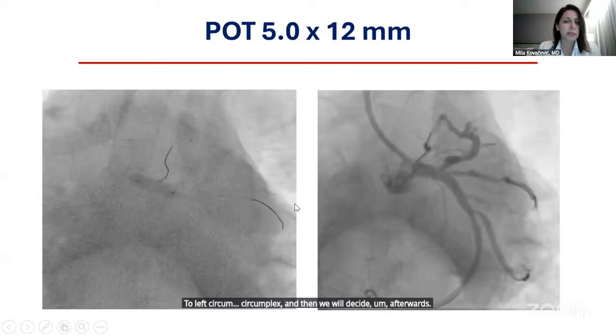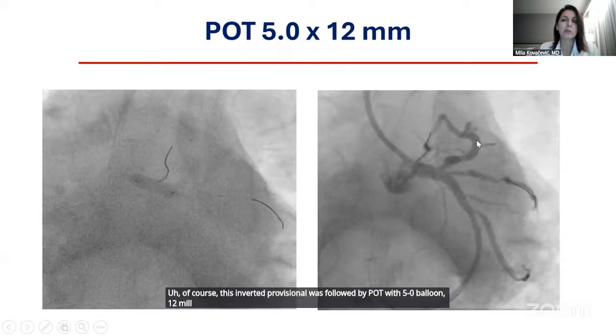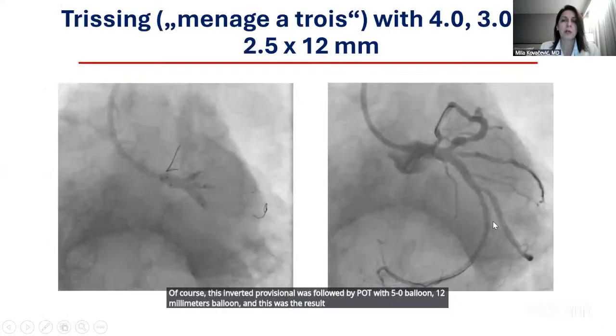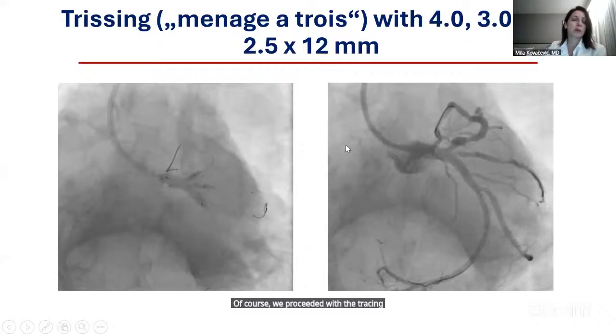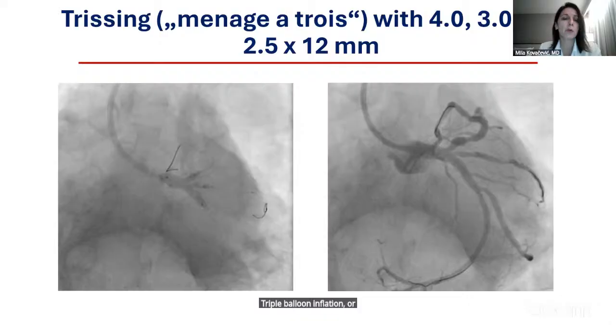This inverted provisional was followed by POT with a 5.0, 12 millimeter balloon, and this was the result after POT. Then we proceeded with triple balloon inflation, or tracing. Of course, we could do this with a two-step kissing between left circumflex and ramus, and left circumflex and LAD.